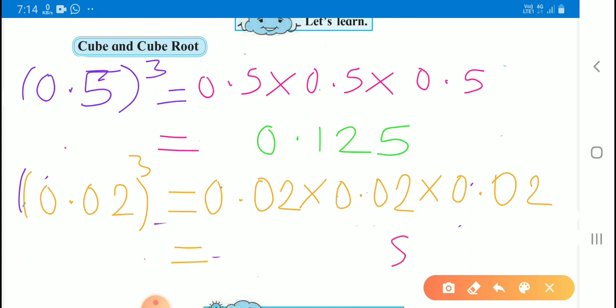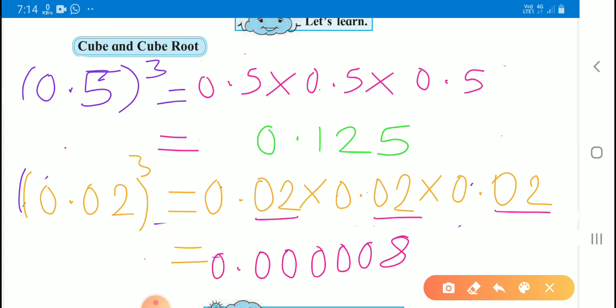It is 8. Now we'll consider the numbers after the point. Look, 1, 2, 3, 4, 5 and 6. These two and these two, 6. So here 8 means 1, 2, 3, 4, 5 and 6. Now where will the point come? Here the point, and then we will write 0.